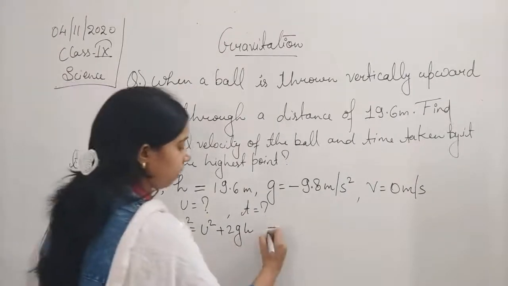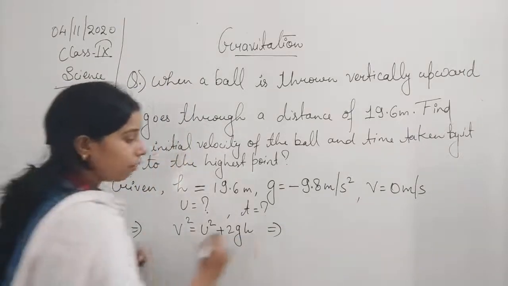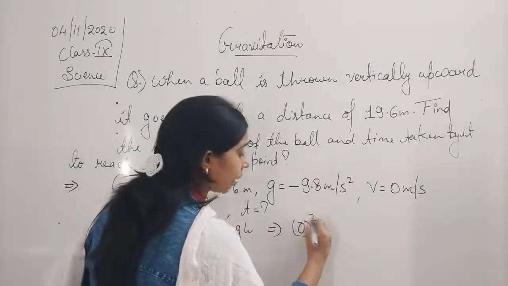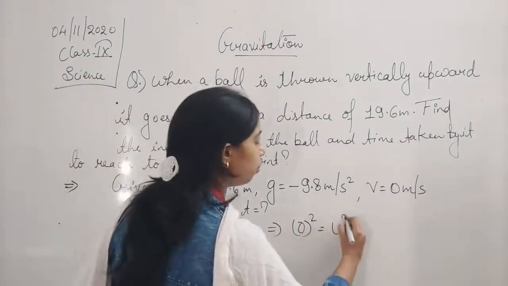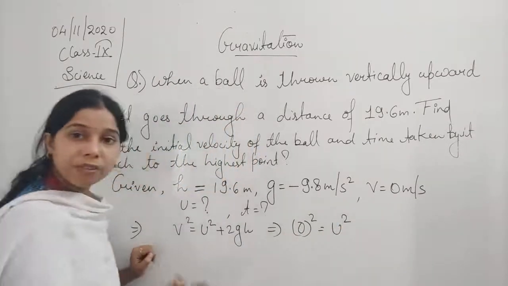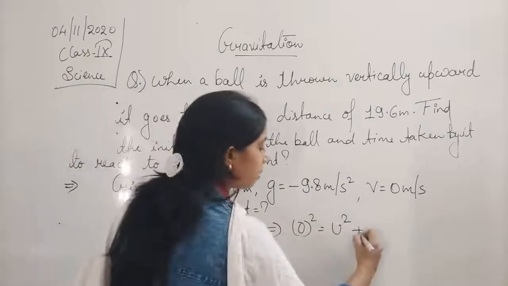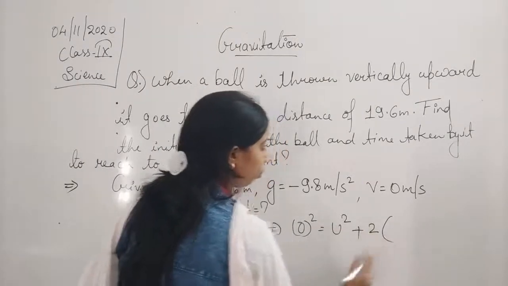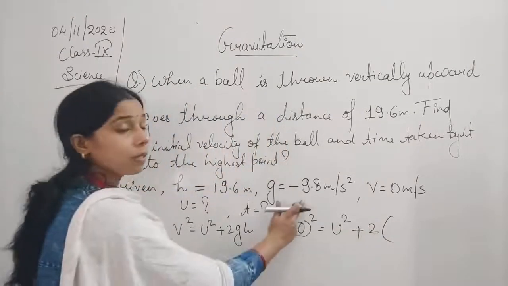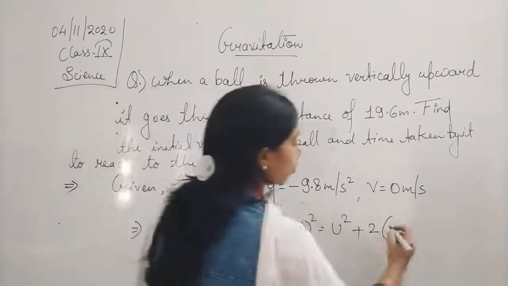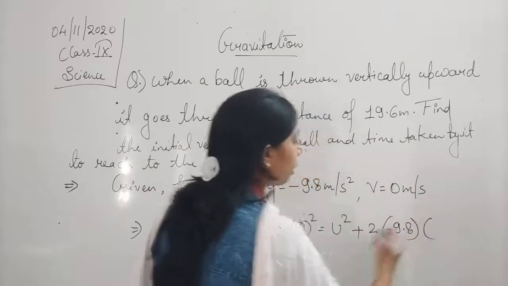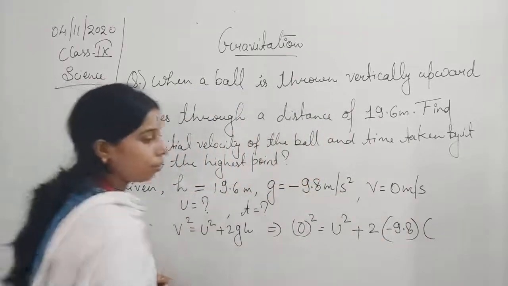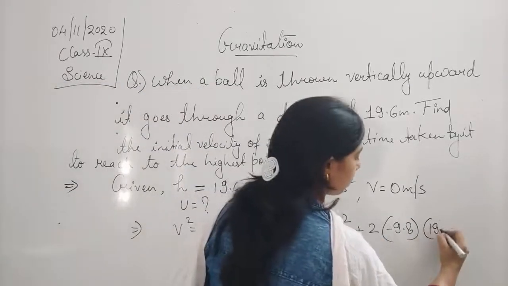So what is v? V value is 0, because the final velocity will be 0, so it will be 0 square is equal to u square. Okay, u we have to find, plus 2 into, what is the value of g here? It is minus 9.8, so it will be minus 9.8 meter per second square into h, that is equal to 19.6 meter.